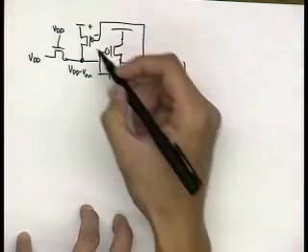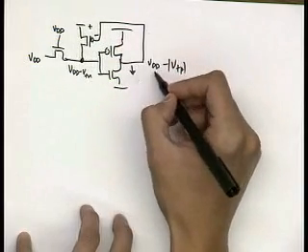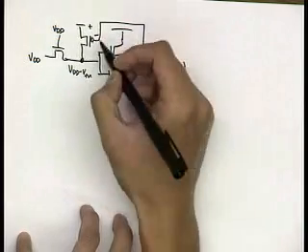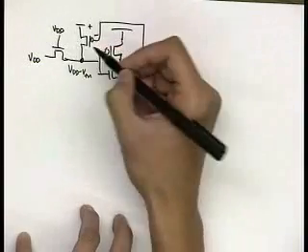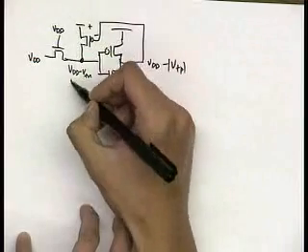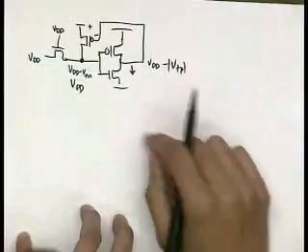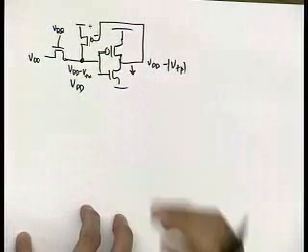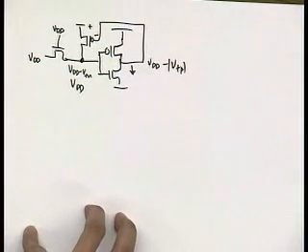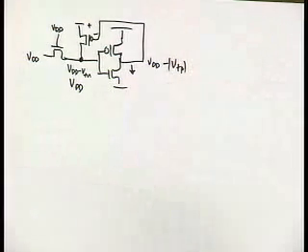As soon as this goes below this, it turns on this PMOS transistor, and then it allows me to pull this up to VDD, because we know that the PMOS transistor can pull this node up to VDD. So it looks like all well and good, but it actually gives some more advantages.